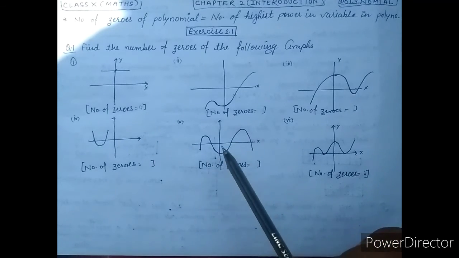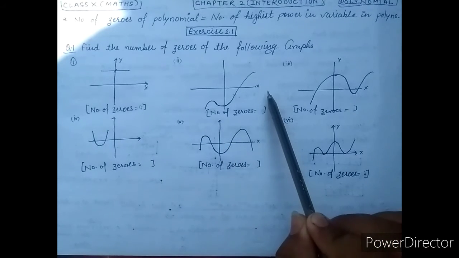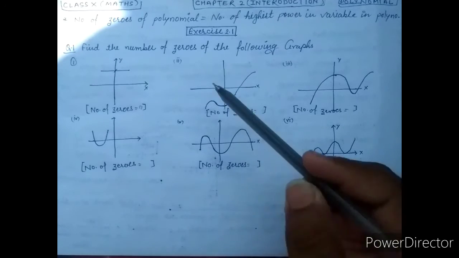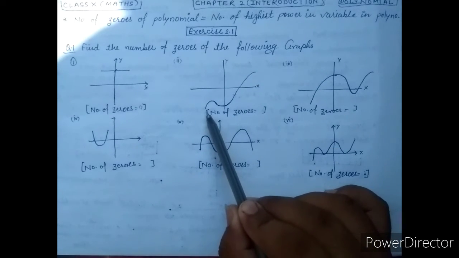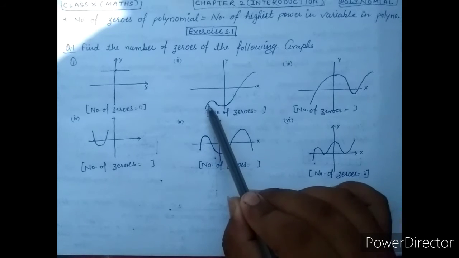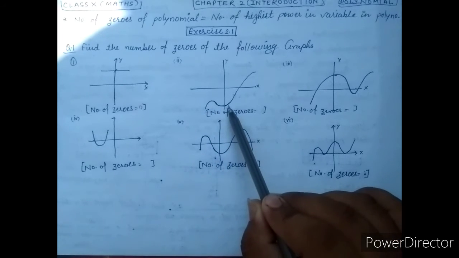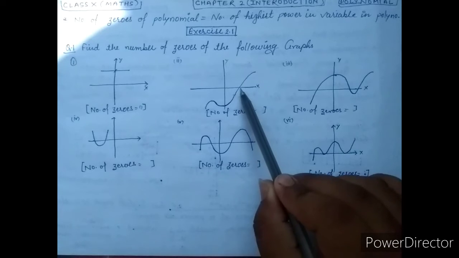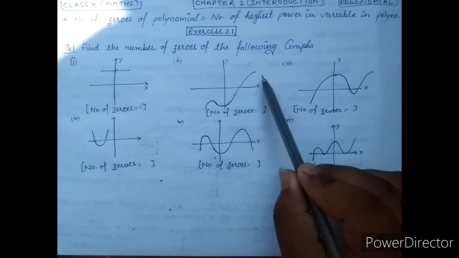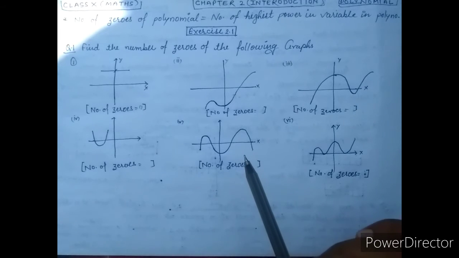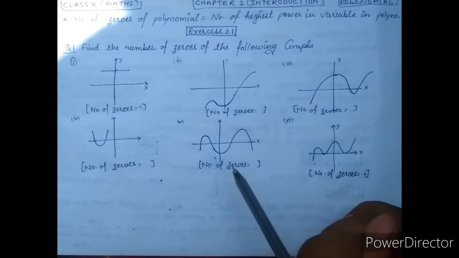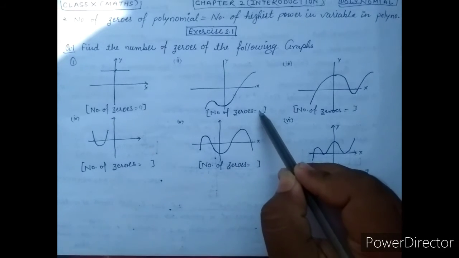And now the second one. This is x-axis, this is y-axis, and you are looking that this graph starts from here, moves, intersects the y-axis, and here it intersects the x-axis. So it is intersecting the x-axis at only one point, that's why the number of zeros will be 1.